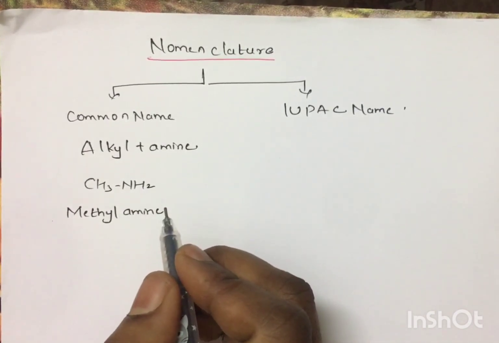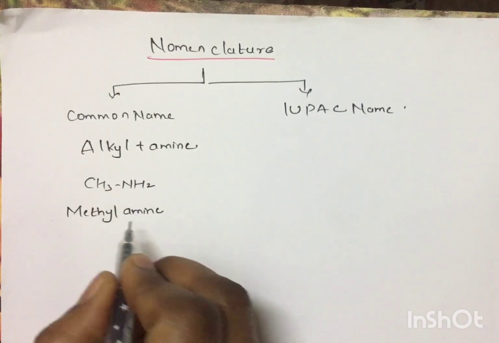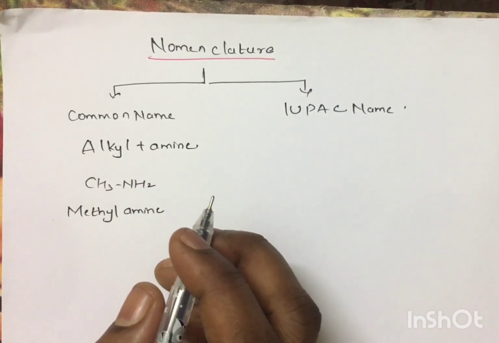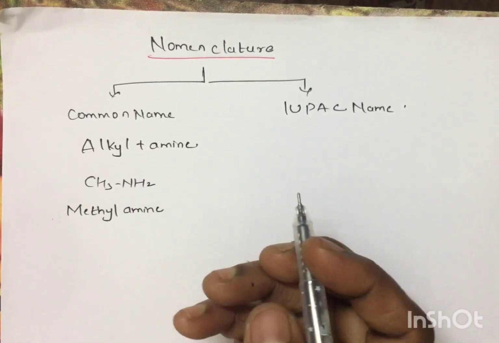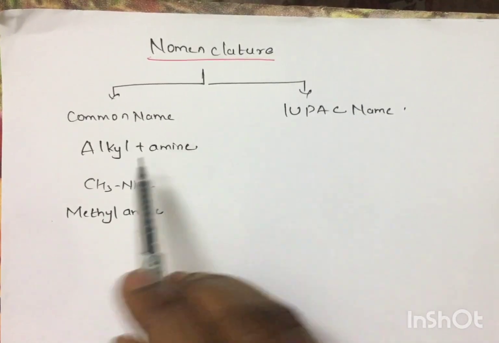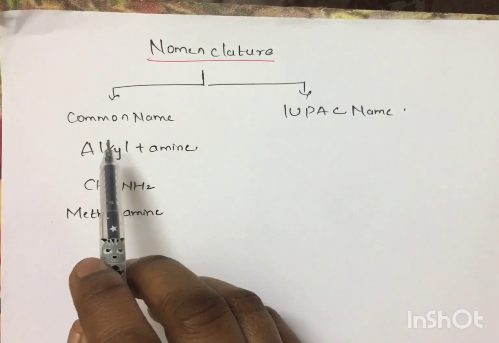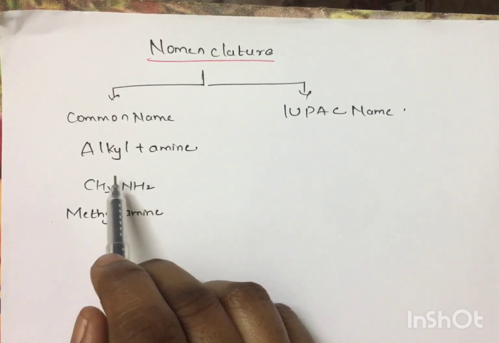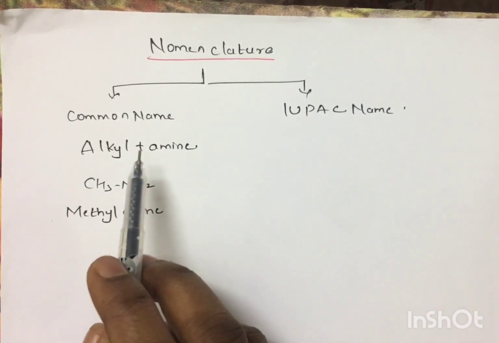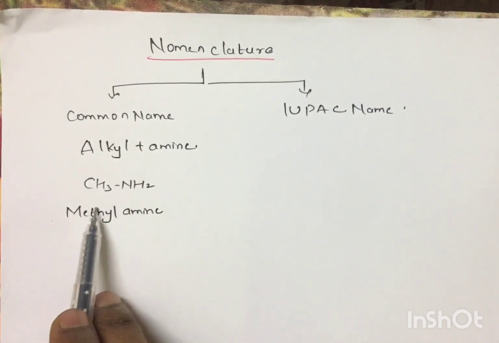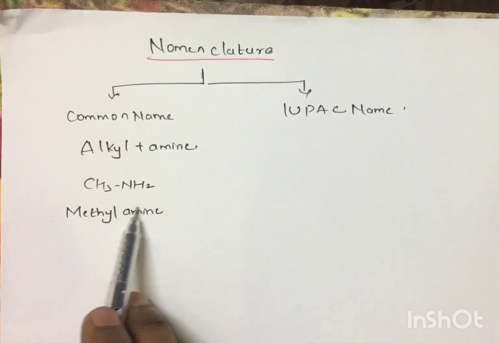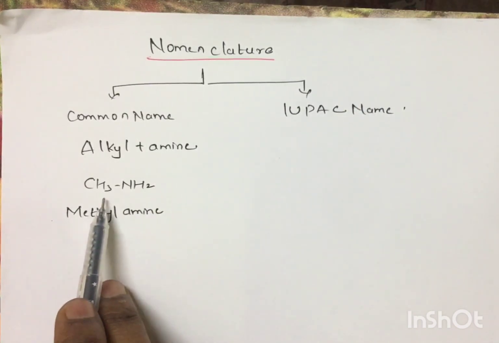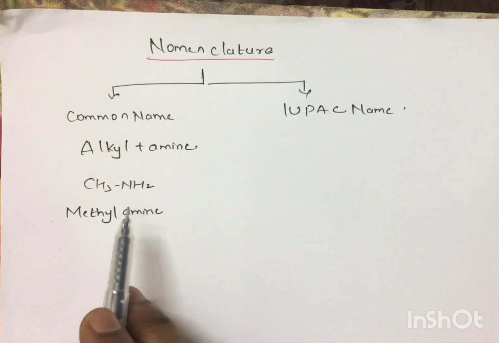If it is C2H5NH2, then ethyl amine, propyl amine, butyl amine, and so on. Okay, students. So, in common name, we call it alkyl amine depending upon the compound. If it is one carbon chain, it is methyl amine.